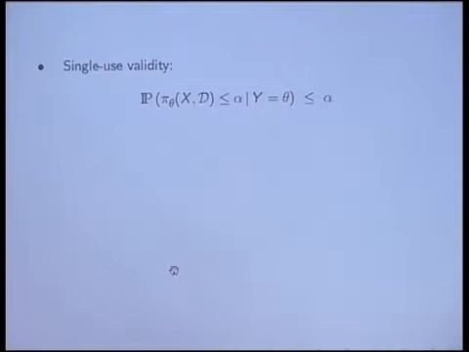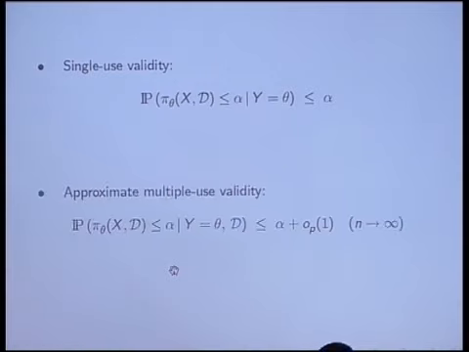But if you think about, I would like to use my training data to classify many future observations, then you should condition on your training data as well. And so the multiple-use validity would be about the probability that your p-value is less than or equal to alpha, given that your new class y is equal to theta, and conditional on your training data.